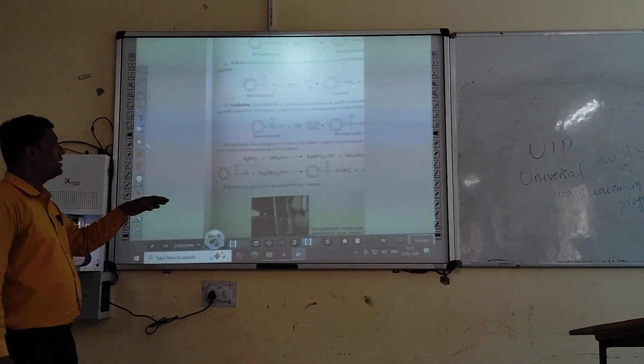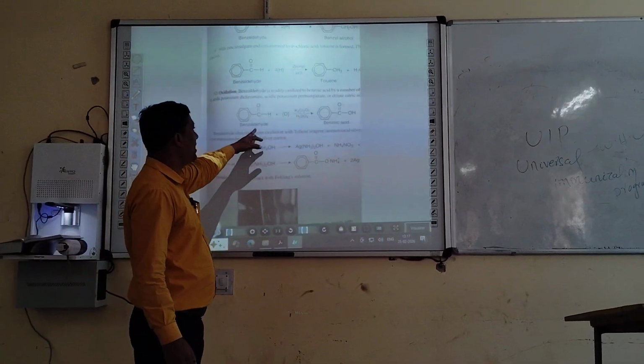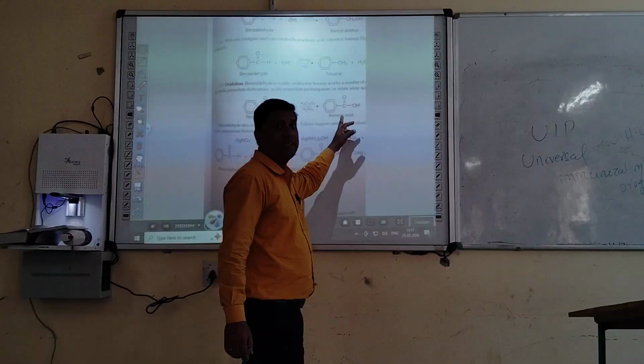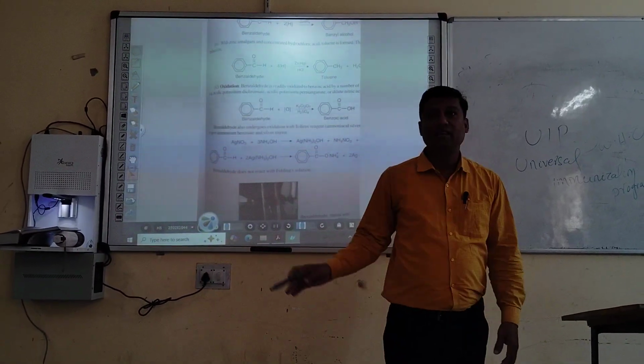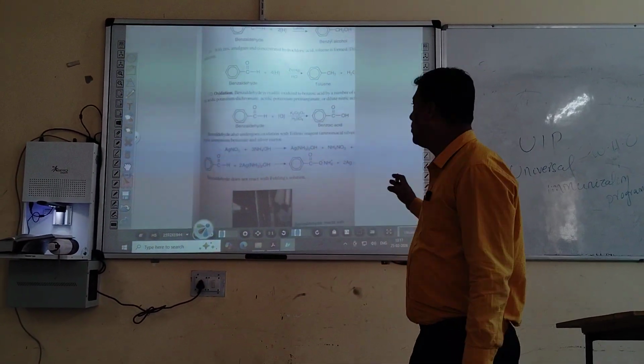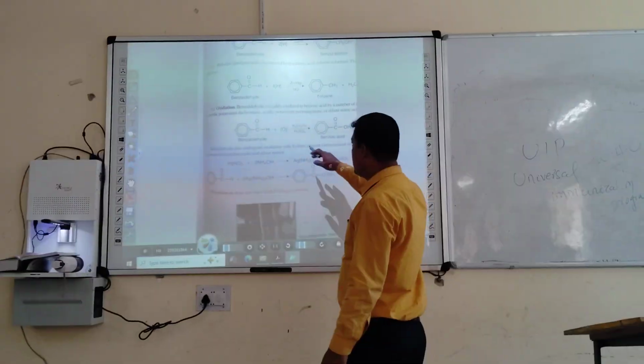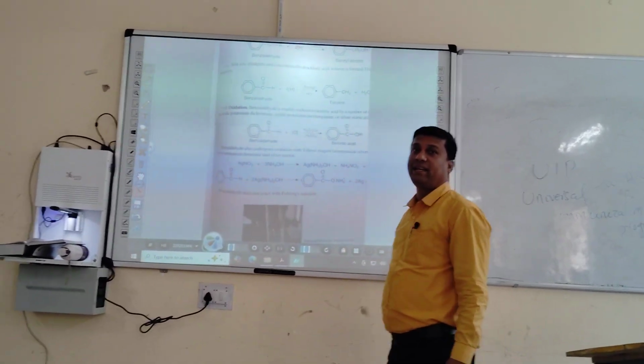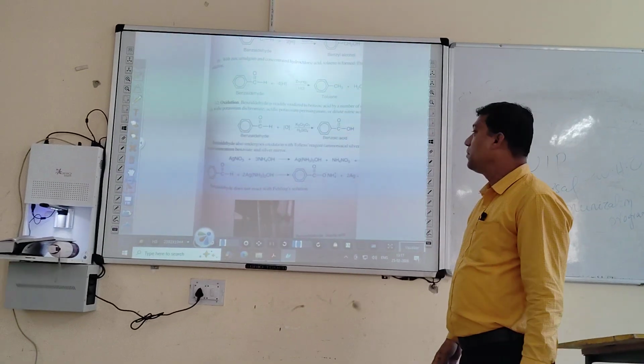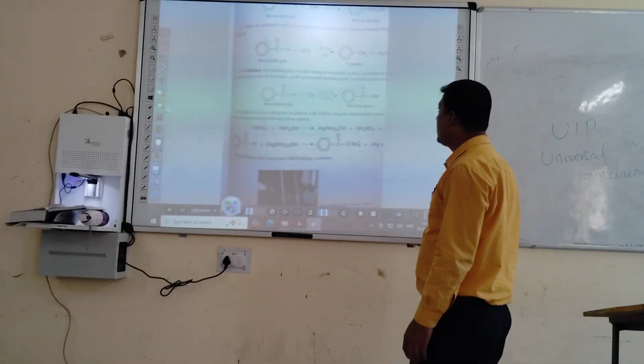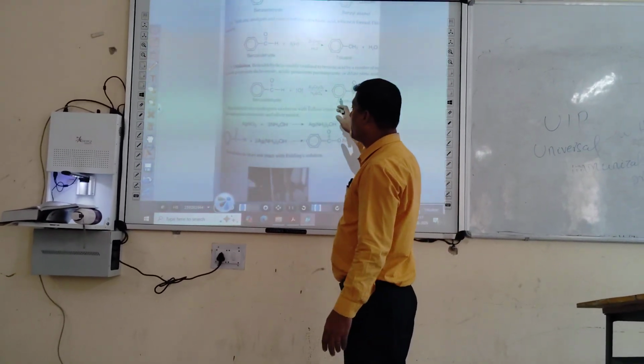This is your benzaldehyde. It will be oxidized to benzoic acid in the presence of oxidizing agent like K2Cr2O7, potassium dichromate, and H2SO4.